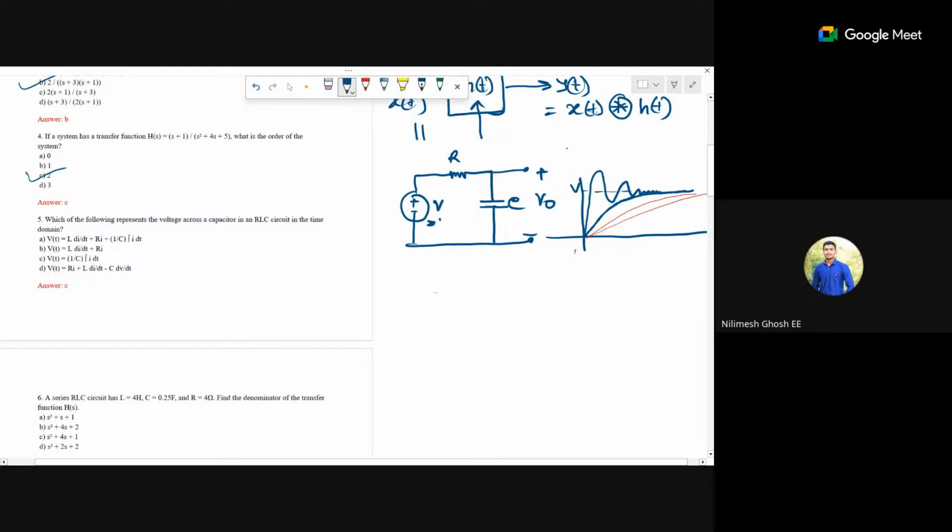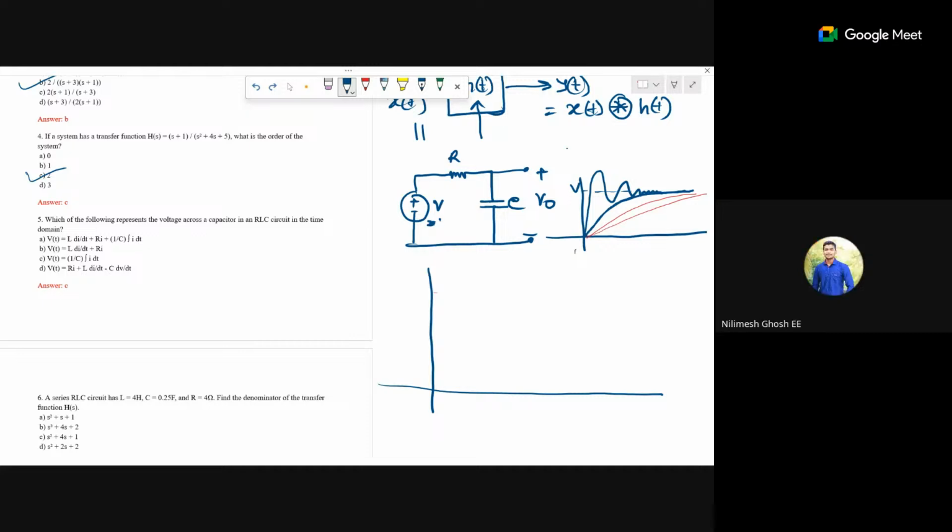Sir, can you give a quick graph of an unstable circuit? The thing is, we can't predict that. That is the main thing. That's why we are not making an unstable circuit. For an unstable circuit, we can't predict the graph. It can do this way, something, whatever. We can't predict the nature of a particular unstable circuit.